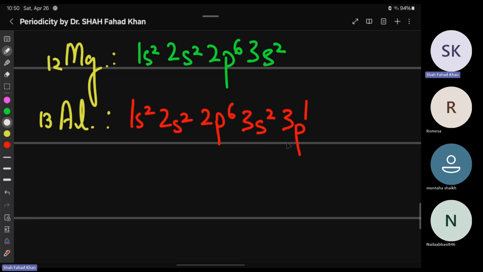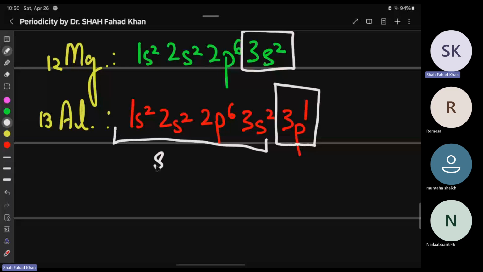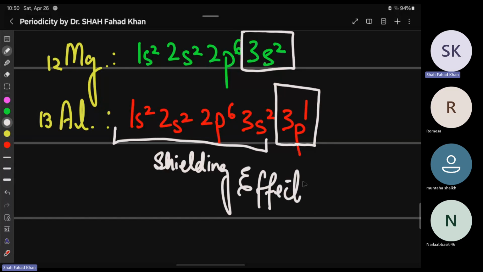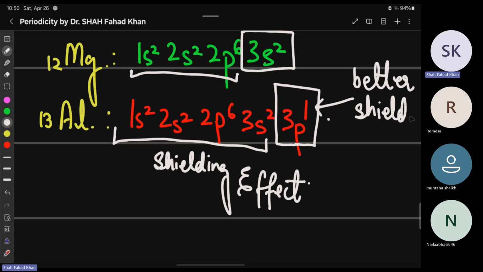Yep. The outer shell electron of aluminium is in the 3p orbital, whereas the outer shell electron of magnesium is in the 3s orbital. So because all of these electrons are providing the shielding effect, compared to only these electrons in magnesium, this outer shell electron of aluminium is better shielded, and because it is better shielded, lesser energy would be needed to remove it.